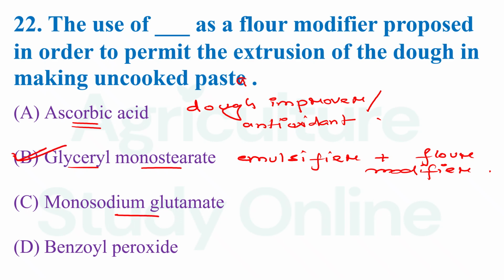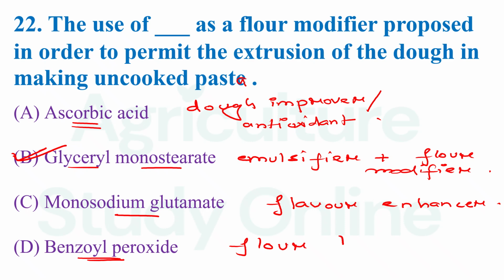Monosodium glutamate, we know, is a flavor enhancer, and benzoyl peroxide is a flour bleaching agent. So the correct option is B, that is glyceryl monostearate.